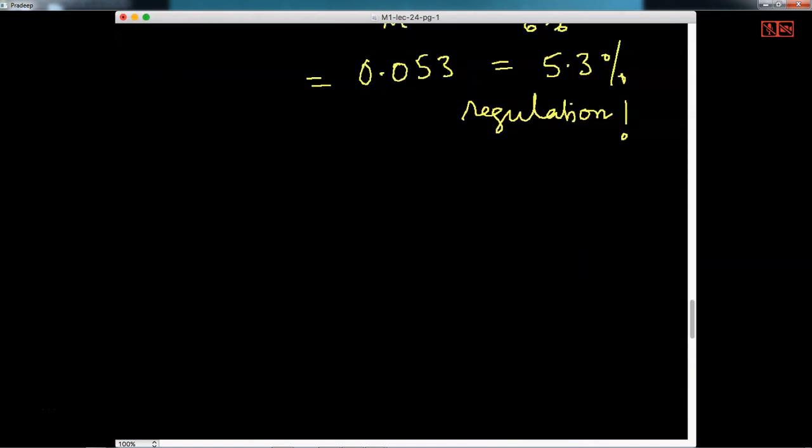So let's call this problem 24-2, and the problem is somewhat like this.